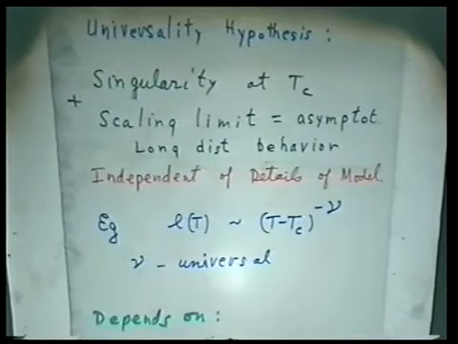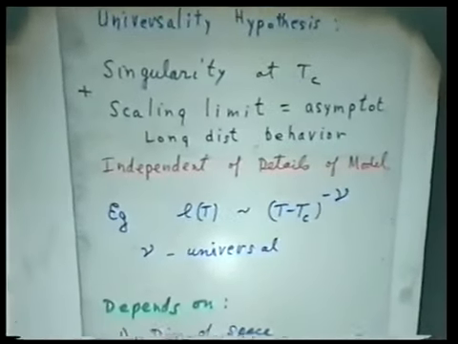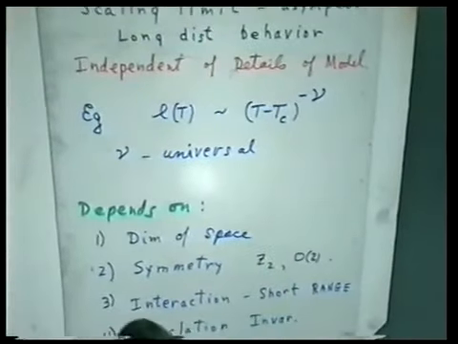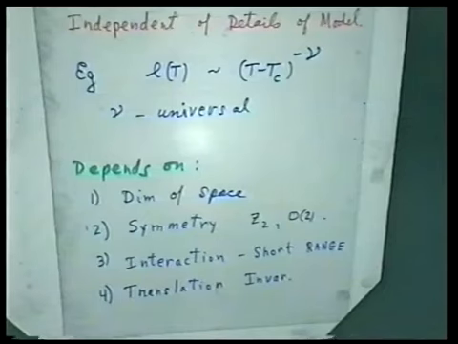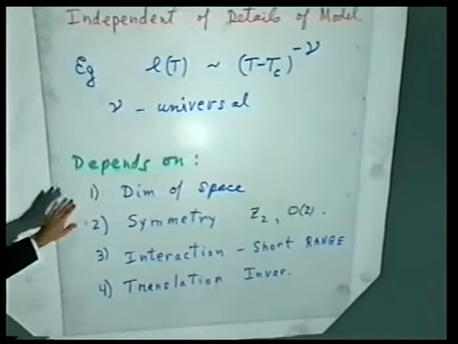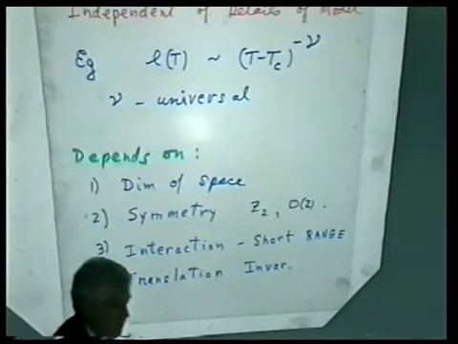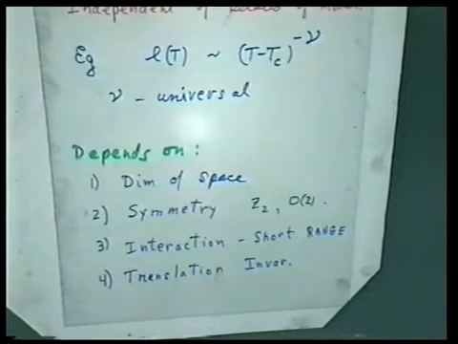So now, when I say universality, I should really make a couple of points here. It's independent, as I say, of the details of the model, but it does depend upon a number of things which are important and one cannot neglect. This is only a partial list. First of all, and probably most importantly, the dimension of the space.